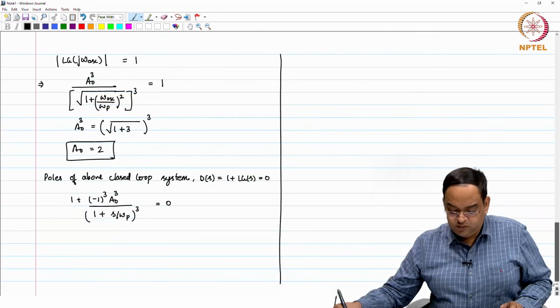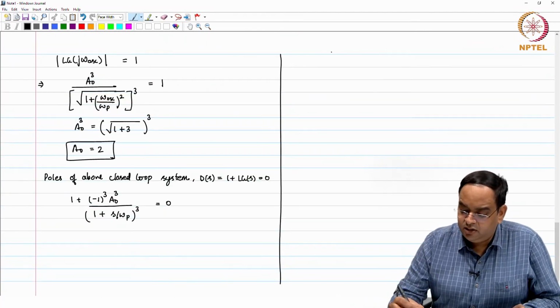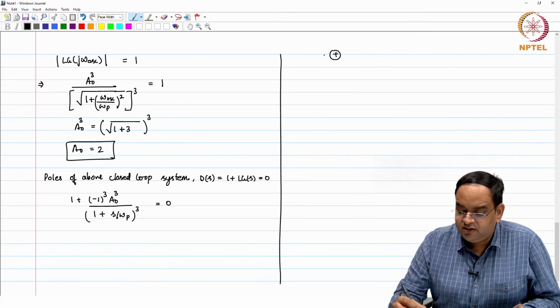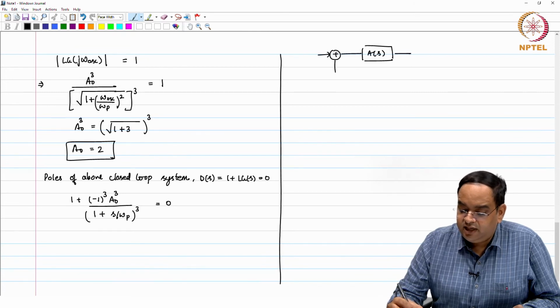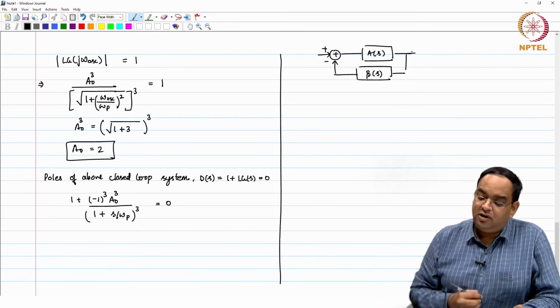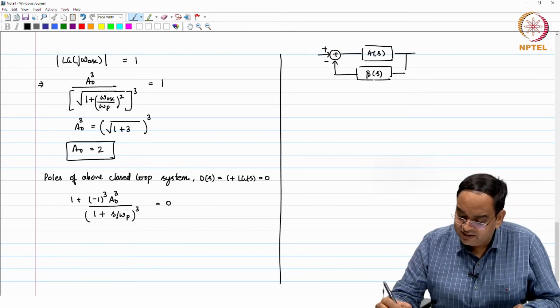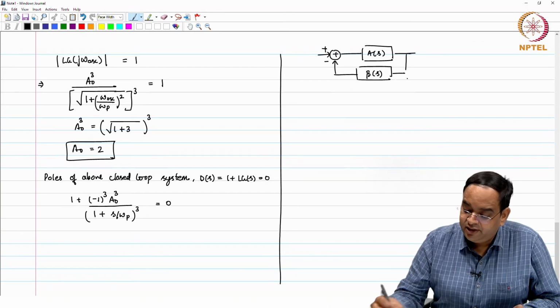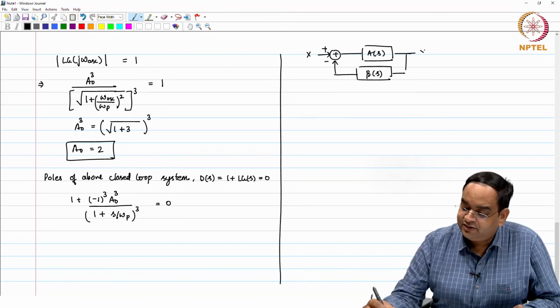So, to give you an idea, let us just look at this system in general. When you have A of S and here you use beta, or this is positive and this is negative. In this particular case, what you see is the following. A of s and beta of s in this case, right. So, this is x and this is y.